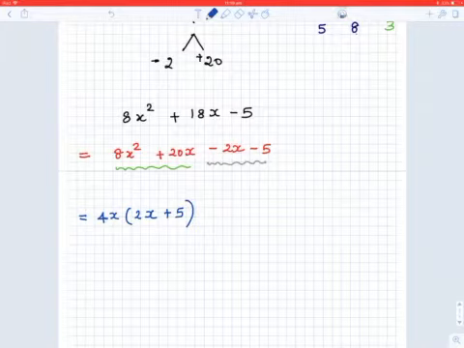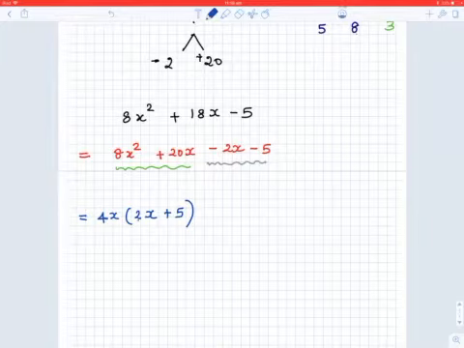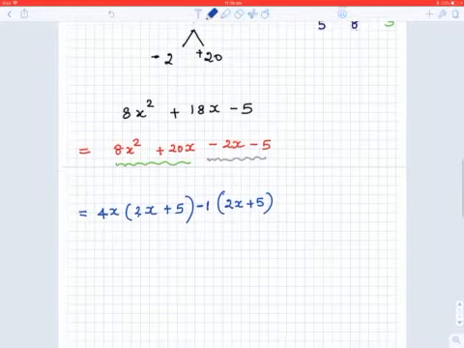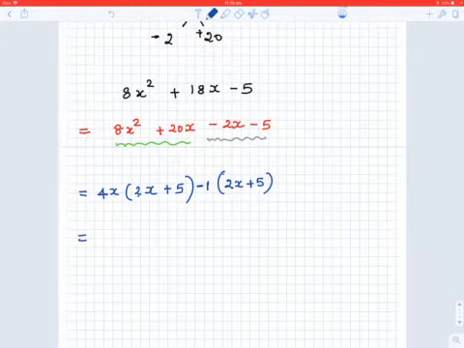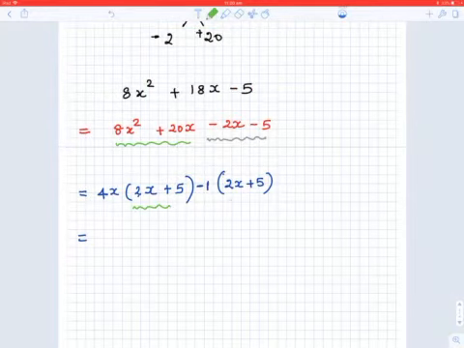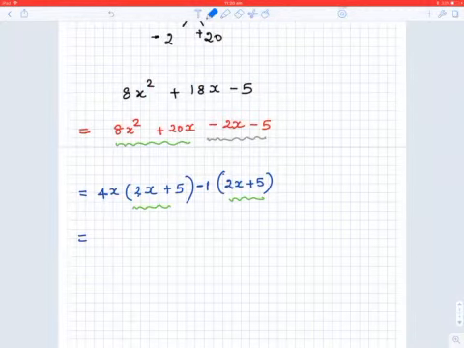Now the next part. The next terms are minus 2x and minus 5. But we need 2x plus 5. So if I want 2x plus 5, I need to take minus 1 outside. So minus 1. Now we see 2x plus 5 is common in both.